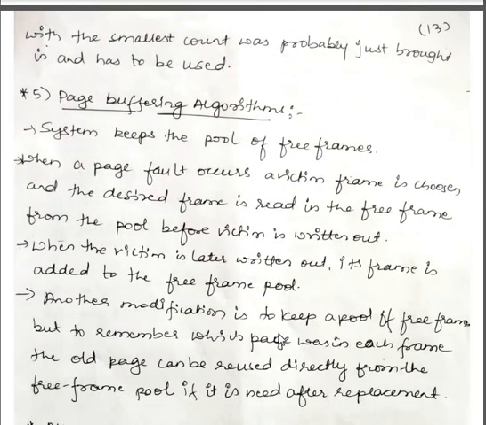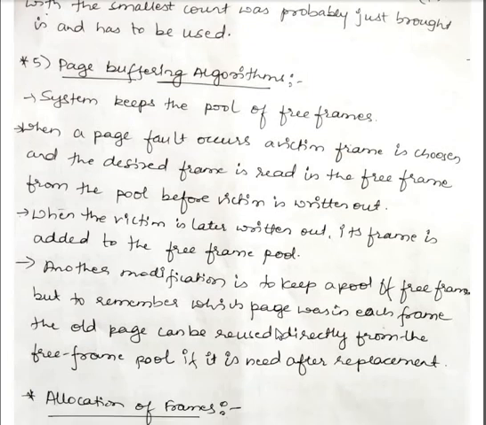Next we are going to see the page buffering algorithms. Creating a new frame and allocating it to the process creates an overhead. Every time, if there is a free frame we use it; if there is no free frame, we do replacement. Instead, we could create a new frame, but creating a new frame causes overhead. So we maintain a pool of free frames.